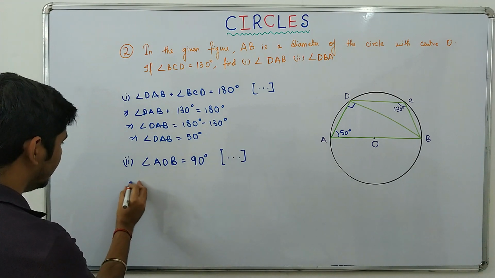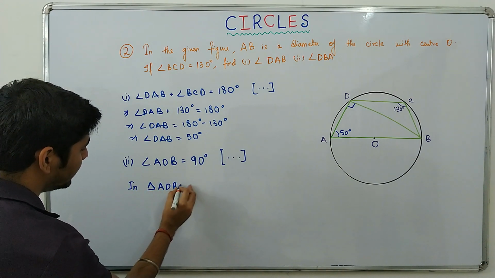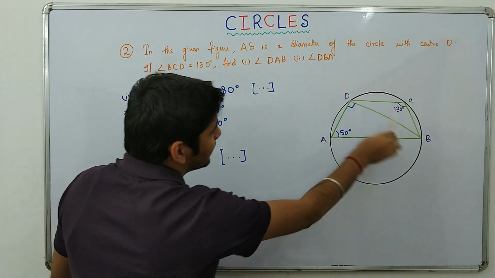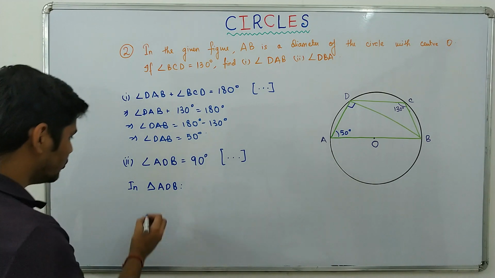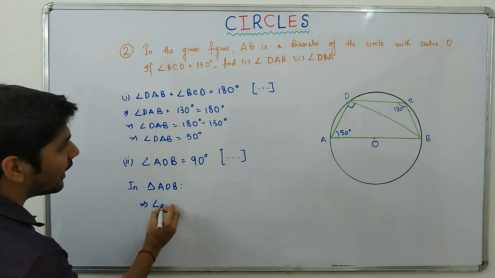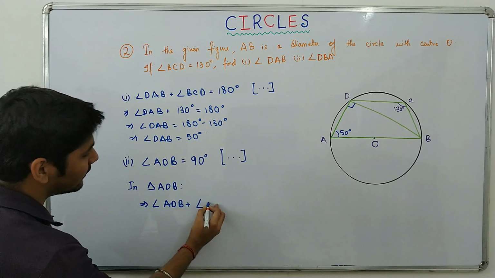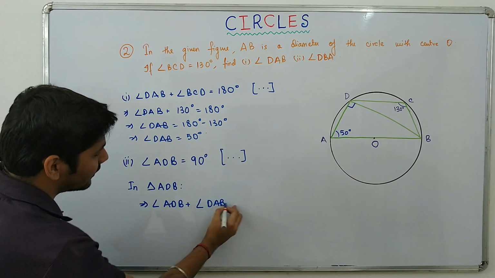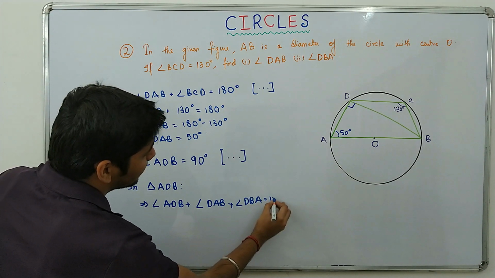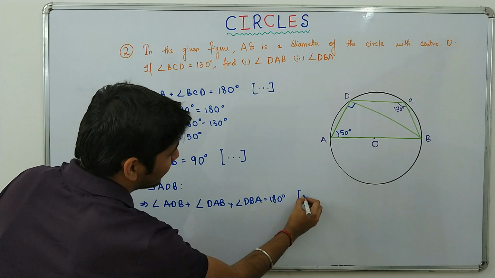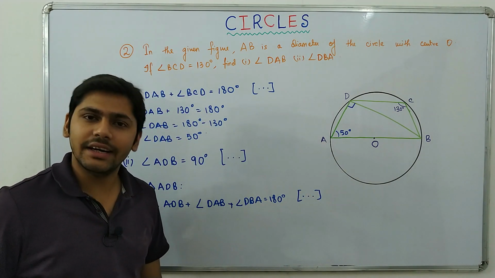So in triangle ADB, the sum of all three angles will be 180 degrees. So we have angle ADB plus angle DAB plus angle DBA is equal to 180 degrees. And beside it I'll write that the sum of angles in a triangle is 180 degrees.